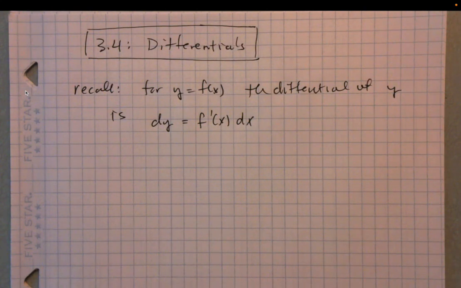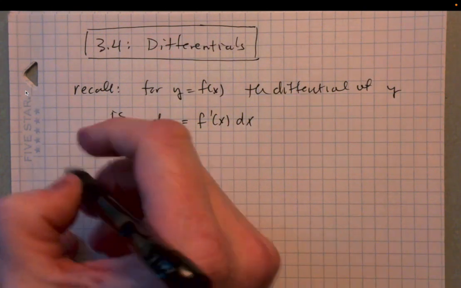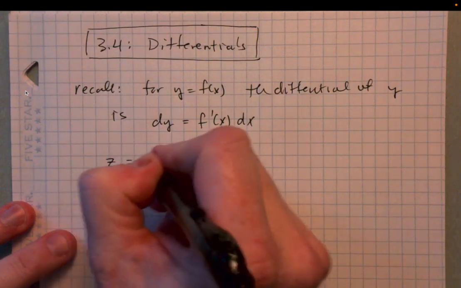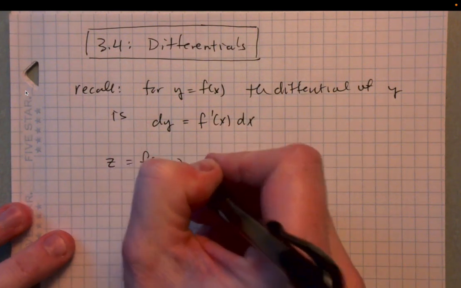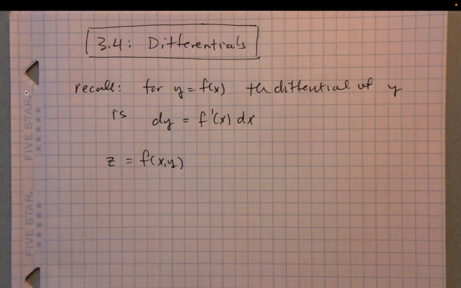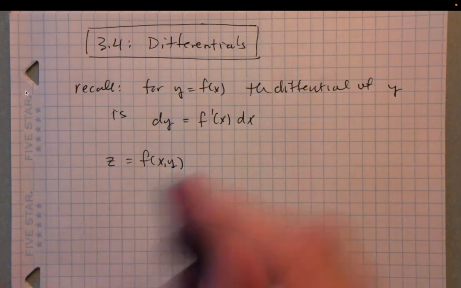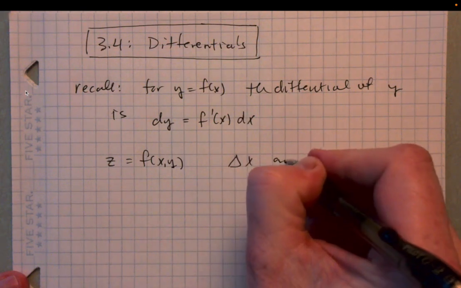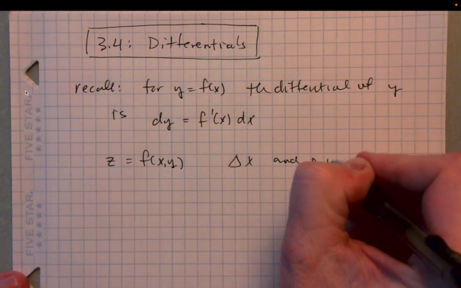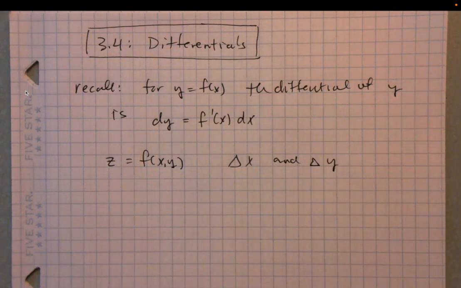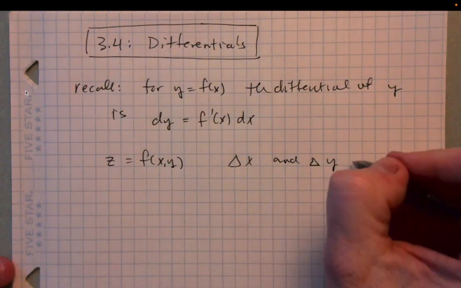Well, in this case, two variables, f being a function of x and y. So consider z equals f of x comma y, with delta x and delta y. You can think of these as the increments of x and y.